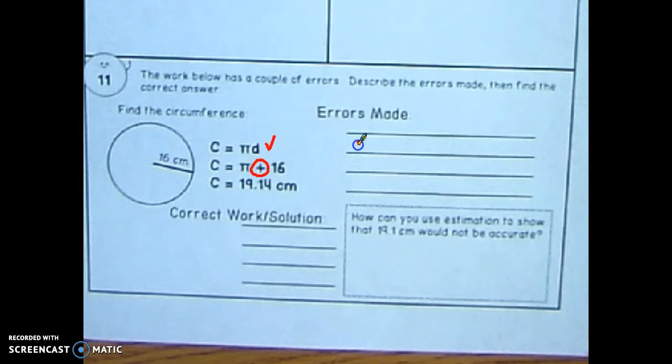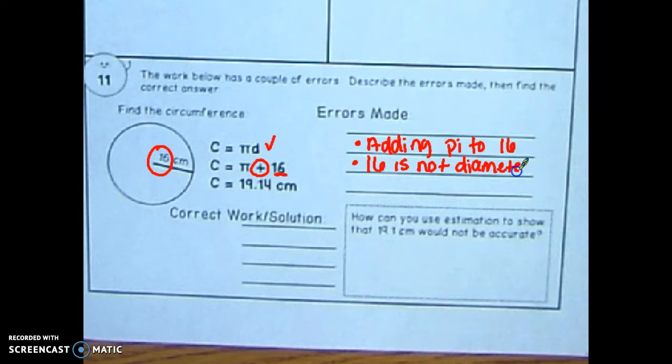So the first mistake is adding pi to 16. They chose 16, but 16 is the radius. We are supposed to use the diameter. 16 is not the diameter. And this says 19.4 centimeters squared on your paper.